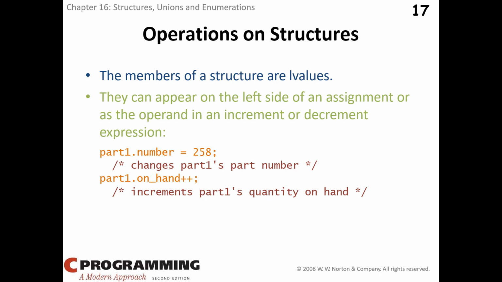In the first statement, we assign the value 258 to the number member of the part1 structure variable. This statement modifies the part number of part1, allowing us to update its value as needed. And in the second statement, we use the increment operator, which is the double plus sign, on the on_hand member of part1, and this statement increments the quantity on hand of part1, allowing us to track changes to the quantity in a straightforward manner.